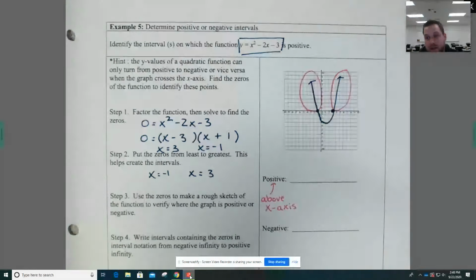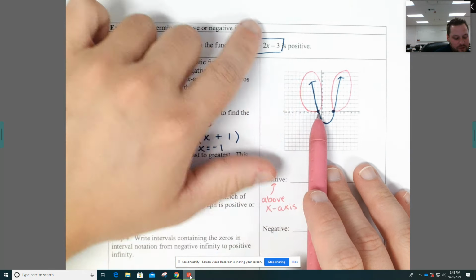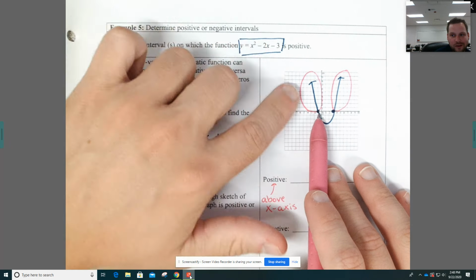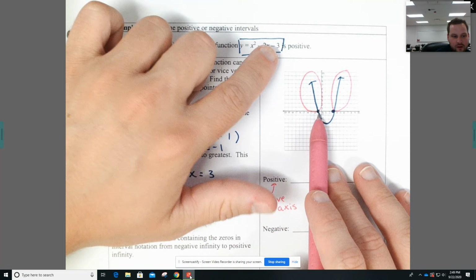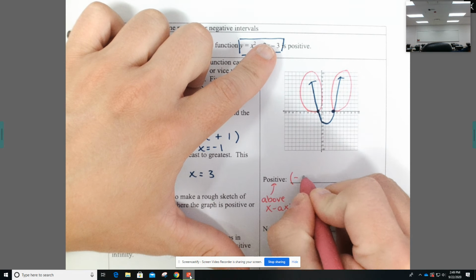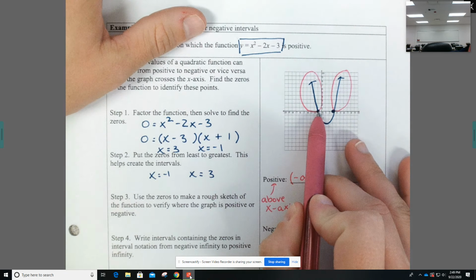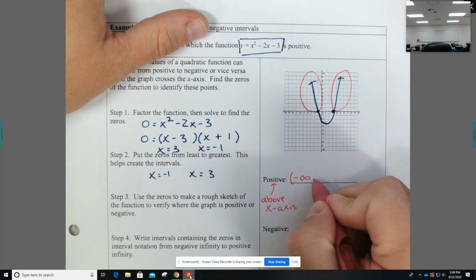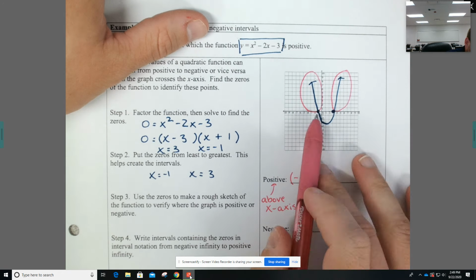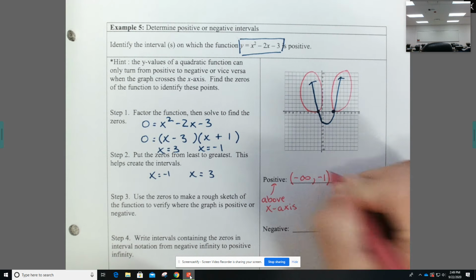For this first one right here, that keeps going up and to the left forever. So I want to know, what is the smallest x value we have where we are still above the x-axis? That's going to be from negative infinity, and we are positive all the way until we get to the 0 right here, which is negative 1. When we get to negative 1, our y value actually is 0. So I'm going to go ahead and throw a parenthesis around that as well.